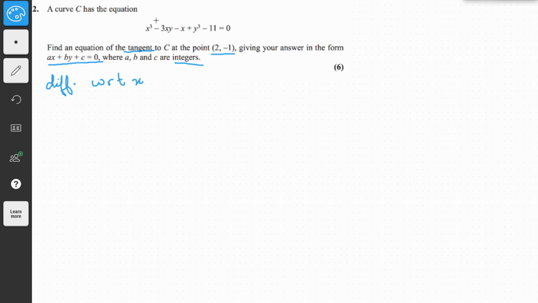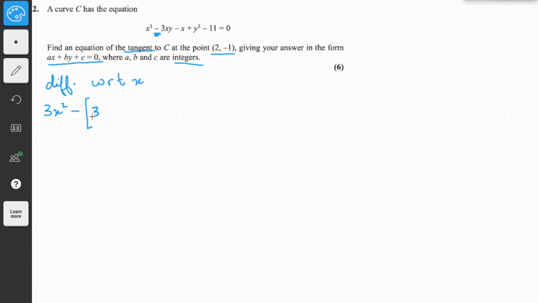So the first term, which is x cubed, will be 3x squared. And the second term will be differentiated using the product rule because it's 3x times y, so it's a product. We have to put this in brackets because we have a negative sign here, and if we don't put this in brackets, then we might make mistakes.